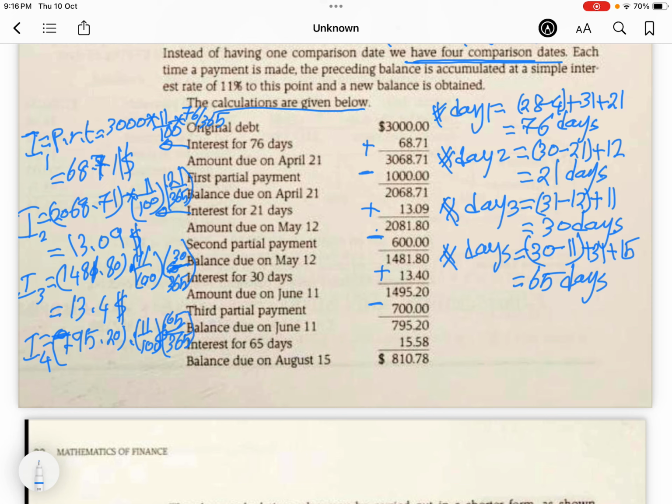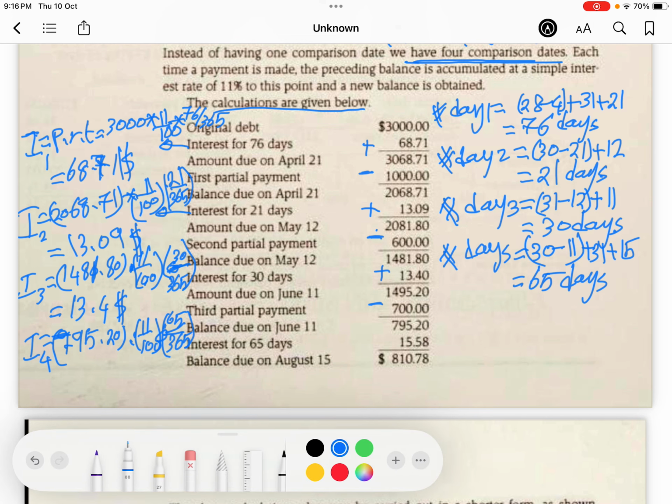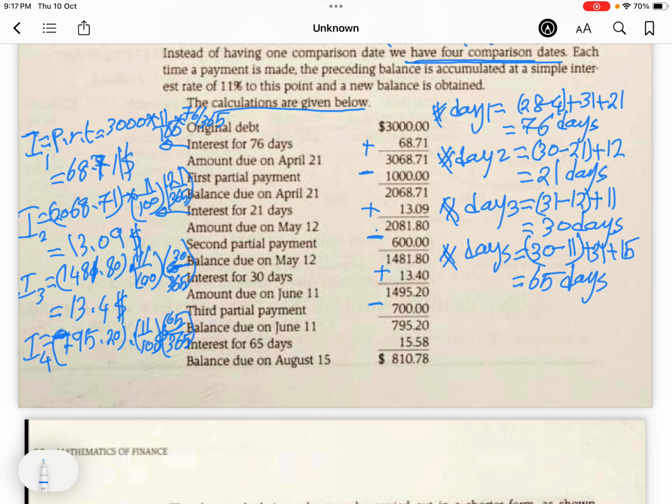That is 795.20 multiplied by 11 multiplied by 65 divided by 36,500.